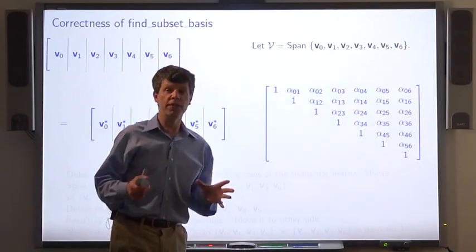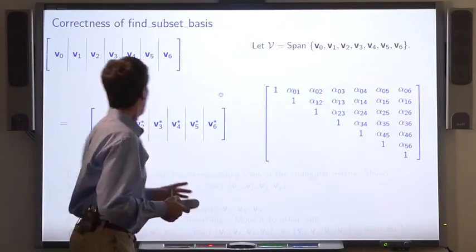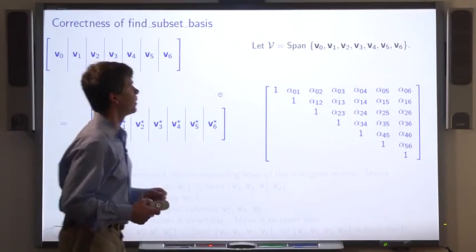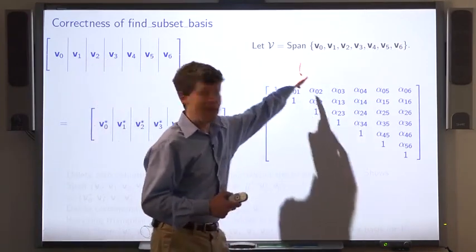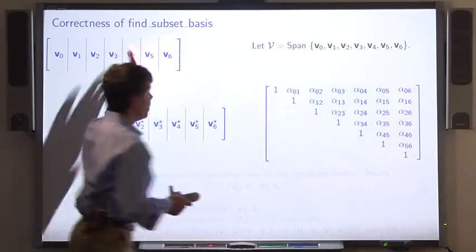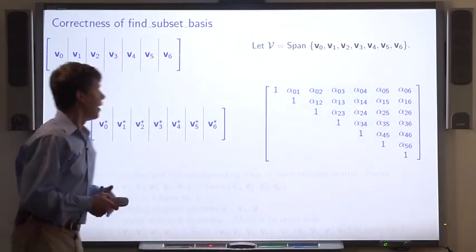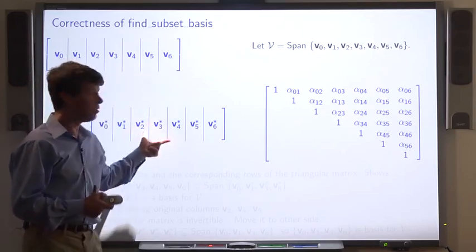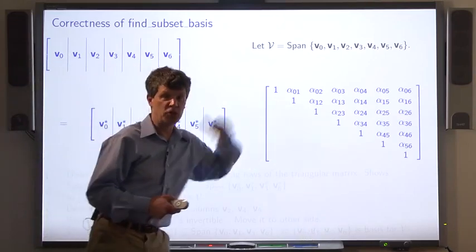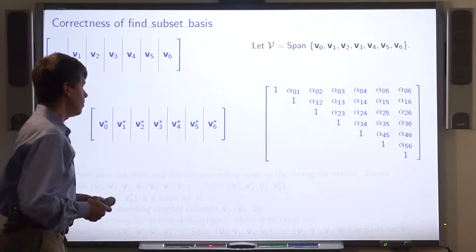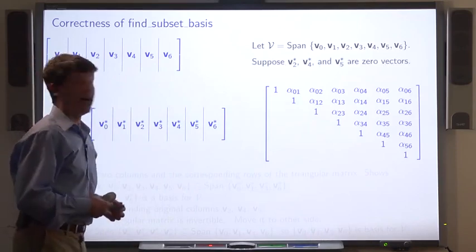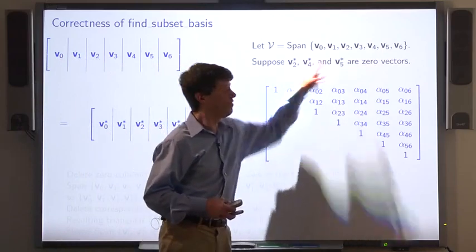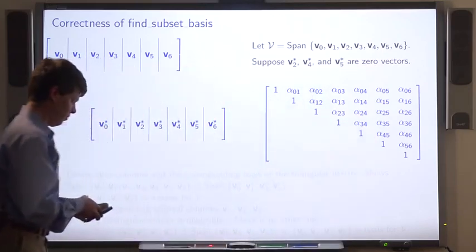Now, suppose we run find subset basis on the vectors v0 through v6. Let big V be the span of those vectors. Here's the matrix equation in which we write those vectors in terms of the starred versions times the invertible upper triangular matrix. And let's suppose, as before, that v2 star, v4 star, and v5 star are 0 vectors.